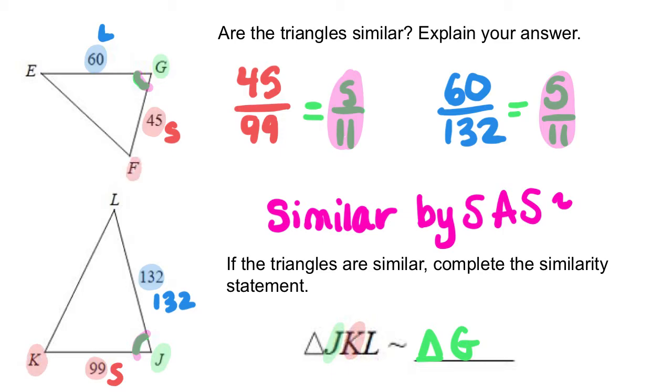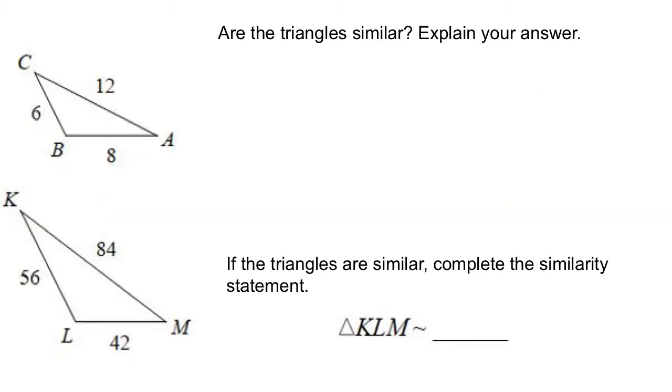And the end of the small side in the other triangle is F. So it'll be JF. And then my last remaining vertex in the bottom triangle was L, and in the top triangle is E. So my statement is triangle JKL is similar to triangle GFE.